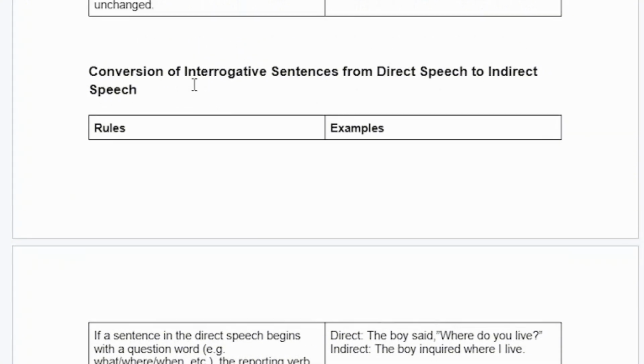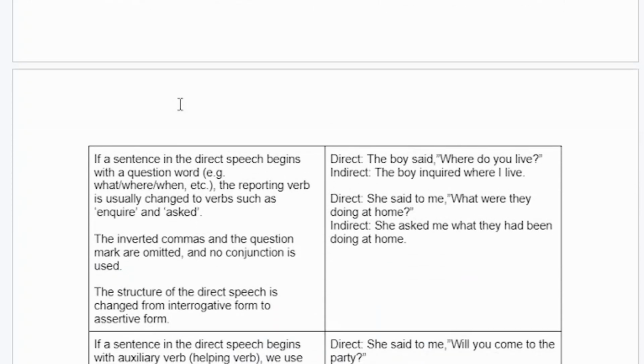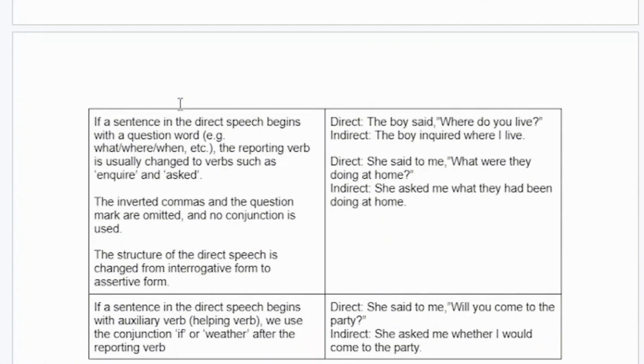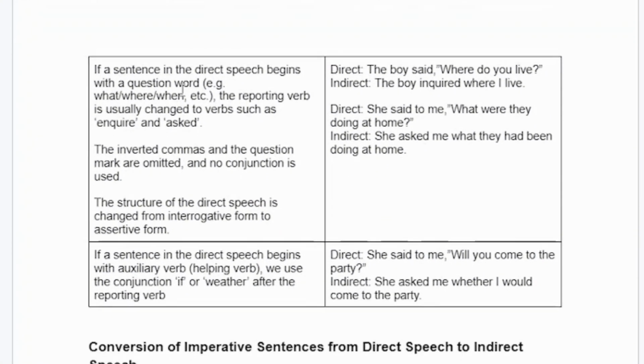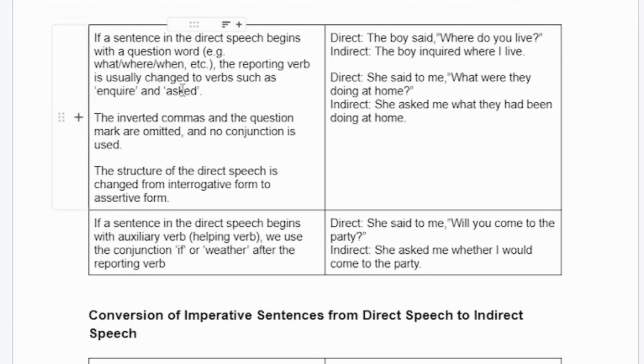So now we will see the conversion of interrogative sentences from direct speech to indirect speech. Interrogative, okay? Do you know the interrogative sentences? Interrogative sentences are like questions, you can say that. So how can you change the question in the indirect?